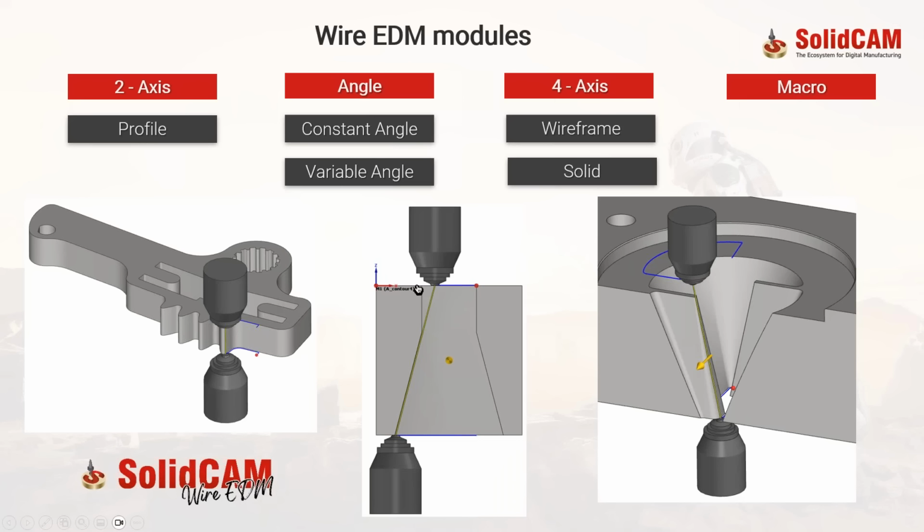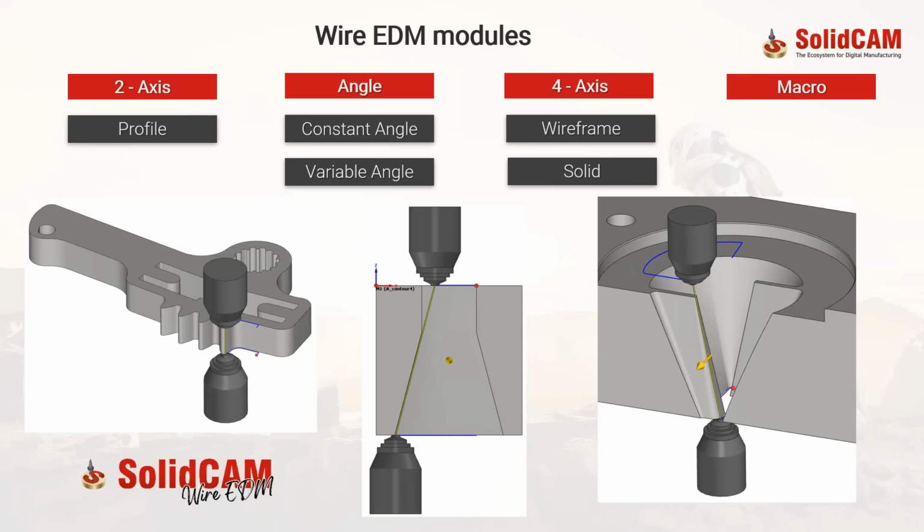Then when you have an angle, you pick up the profile and define a constant angle, or you can also do a variable angle. Then we have a 4th axis with wireframe and solid. And there's also an option of macro. Obviously, if you are a SolidCAM customer, you do have your VAR EDM machine. You're not leaving your Ferry CAD and you're not leaving your Ferry CAM with this module.